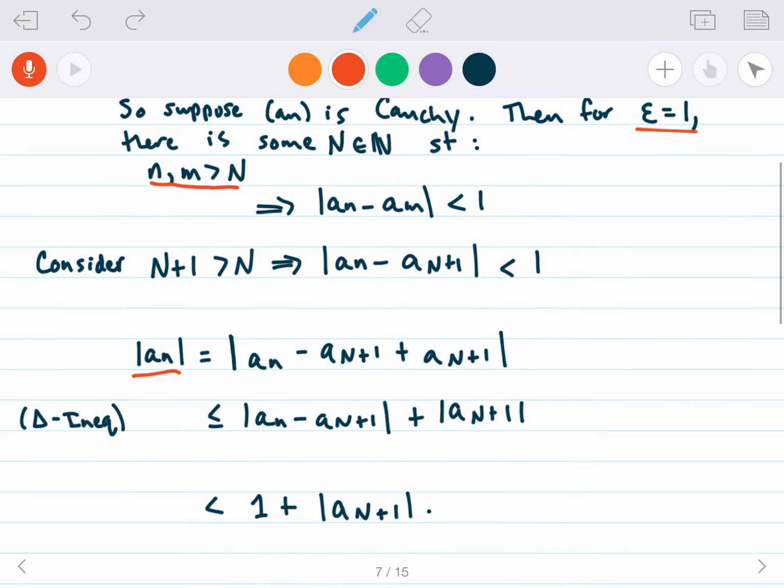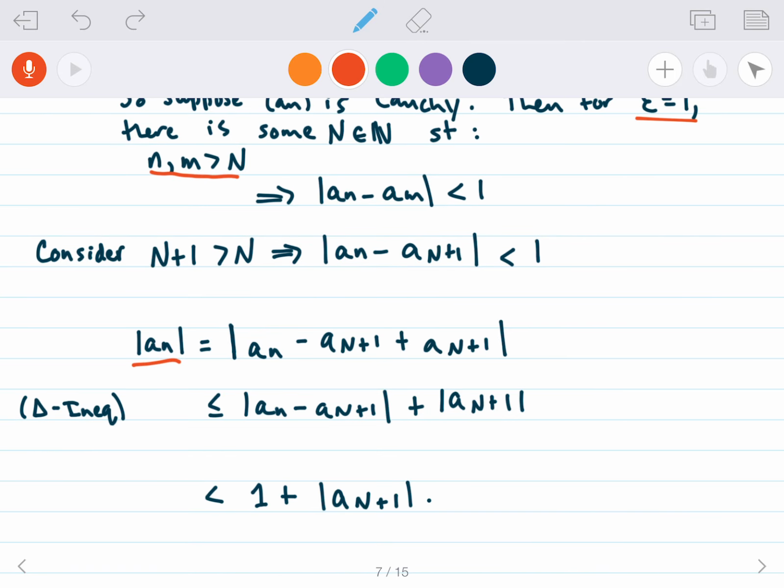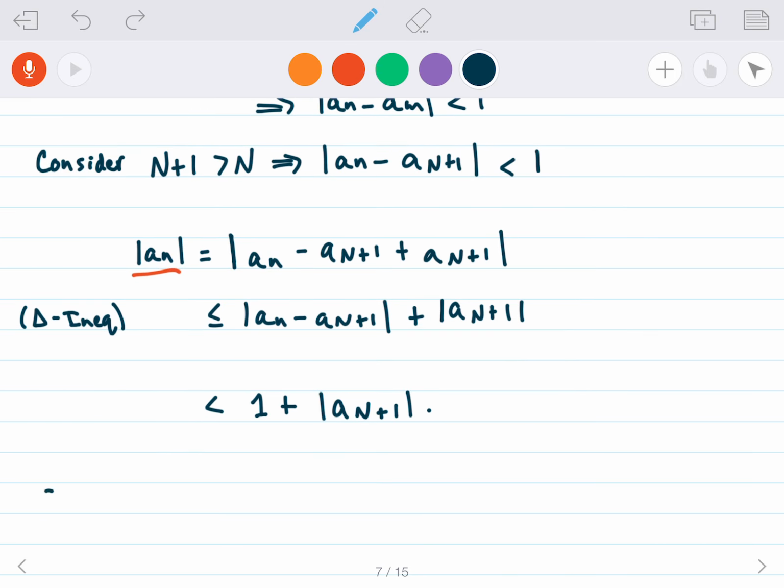So let's write that. So when little n is bigger than capital N, we have, in particular less than, but I'm putting less than or equal so you can see the definition of boundedness here.